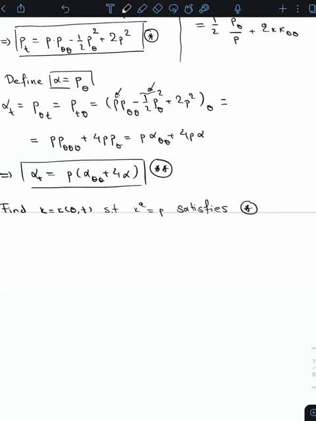Okay, so we want to solve star. And we're going to do this by using the following ansatz. We're going to use that alpha_t is equal to 0. Now remember that alpha is equal to P_theta.